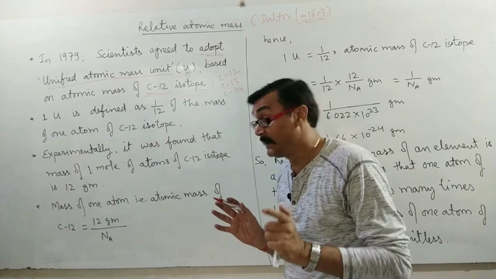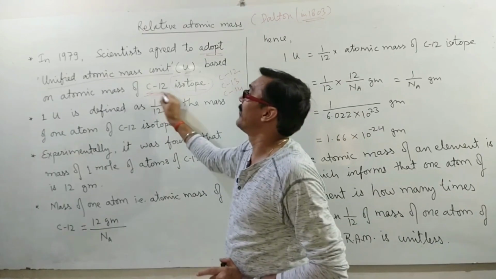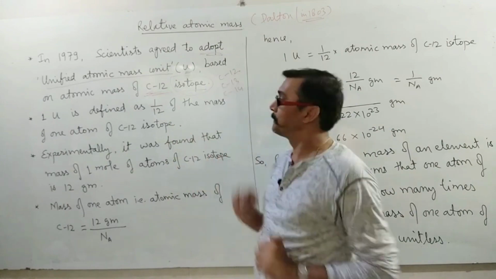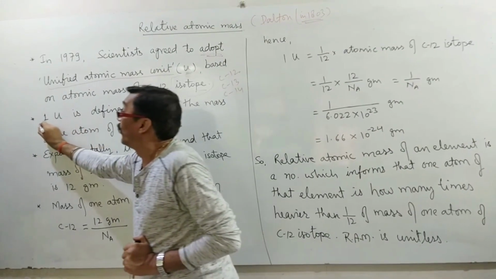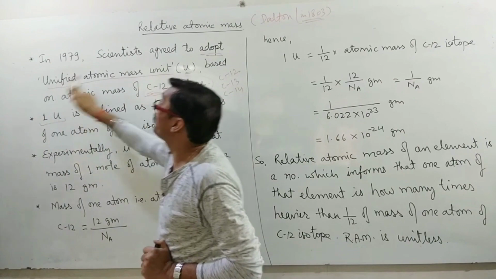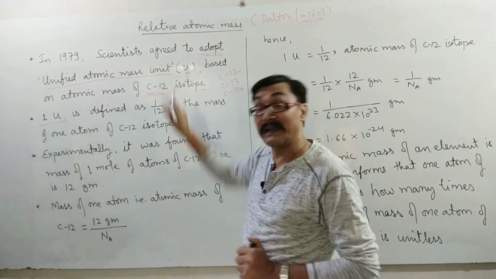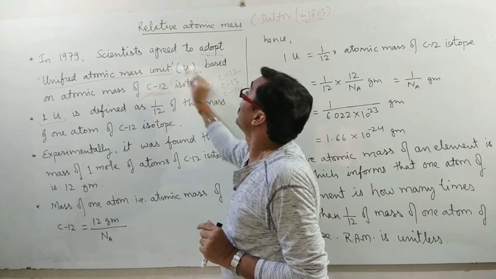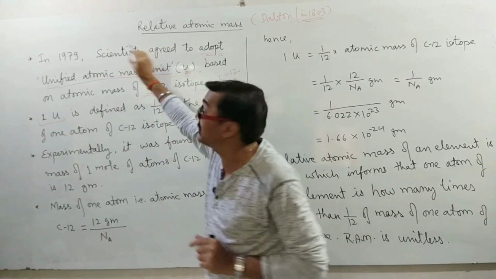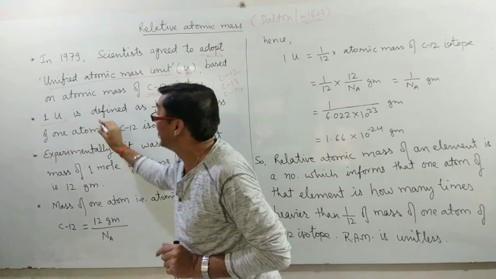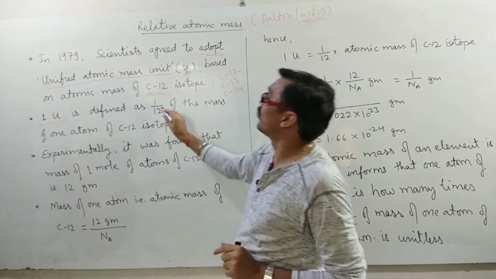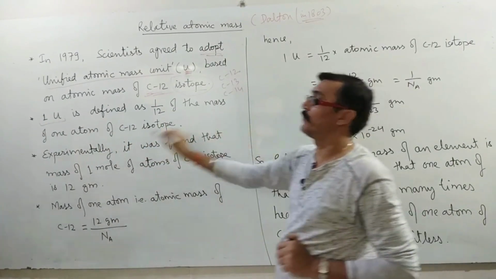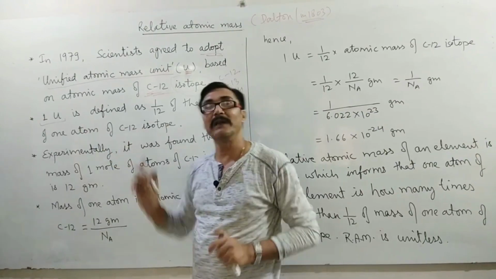But as a reference, the carbon-12 isotope is taken. 1U, that is the unified atomic mass unit, the unit of mass adopted by scientists in 1979, is defined as 1/12 of the mass of one atom of carbon-12 isotope.